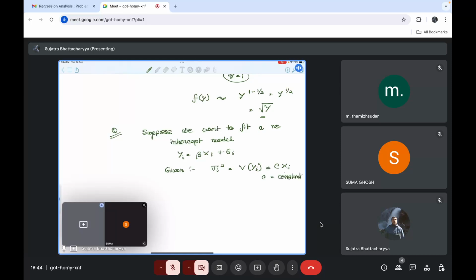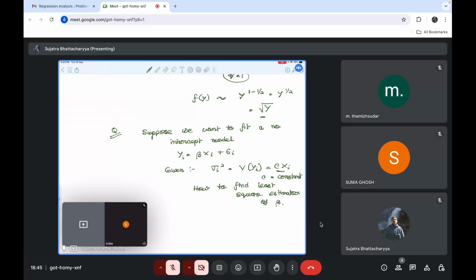Okay, so variance is given to be like this. So in this case, how will you find the least square estimator of beta? That is what you need to find out.